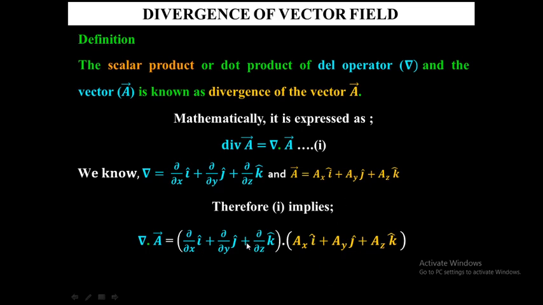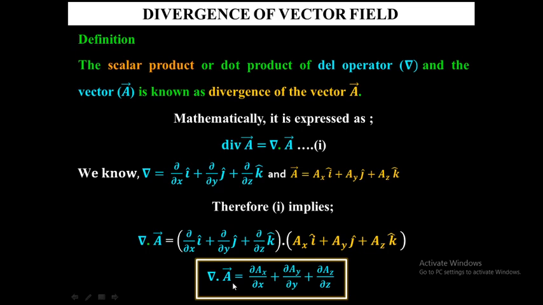So after solving this dot product, the i component with i, j component with j, and k component with k, we will get the answer, divergence of vector field or vector A. Del dot A is nothing but del Ax by del x plus del Ay by del y, plus, we know that i dot i, j dot j, and k dot k is 1, del Az by del z. So this is nothing but the mathematical expression of divergence of vector field or divergence of vector A.